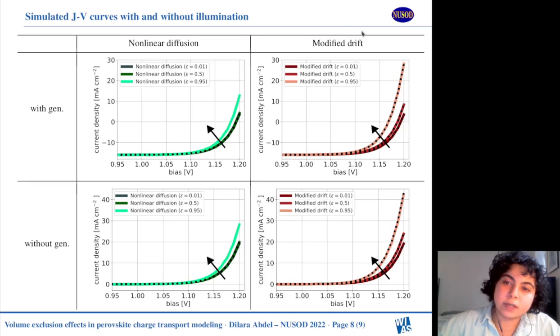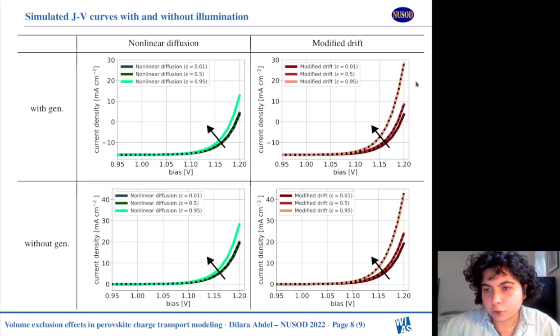For the modified drift current density approach, we see that the change in curves with respect to this difference between the smallest and the largest choice is greater than this change with respect to the difference for the nonlinear diffusion approach.